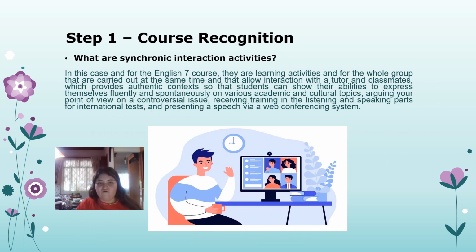What are synchronous interaction activities? In this case, for the English 7 course, they are learning activities for the whole group that are carried out at the same time and that allow interaction with the tutor and classmates, which produces authentic contact so that students can show their abilities to express themselves fluently and spontaneously on various academic and cultural topics.